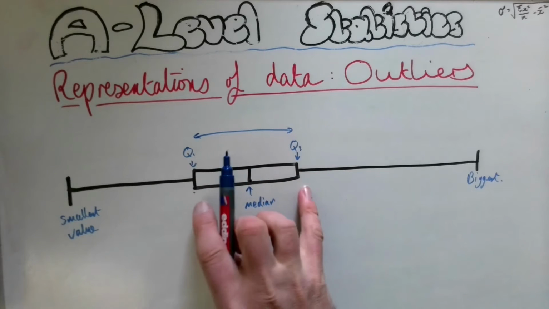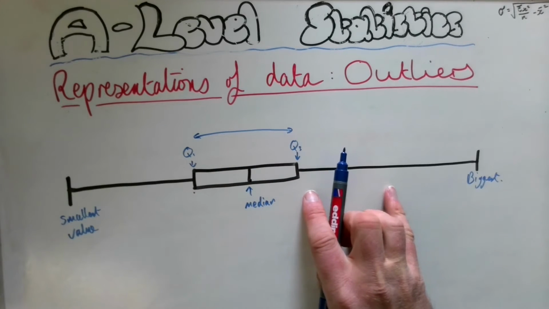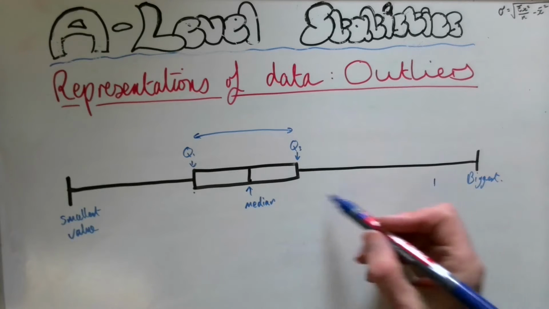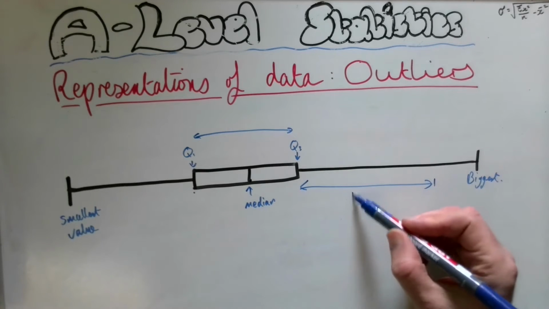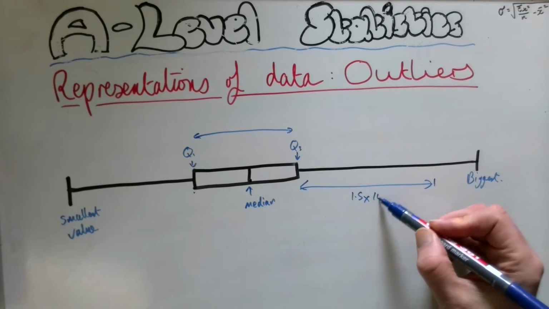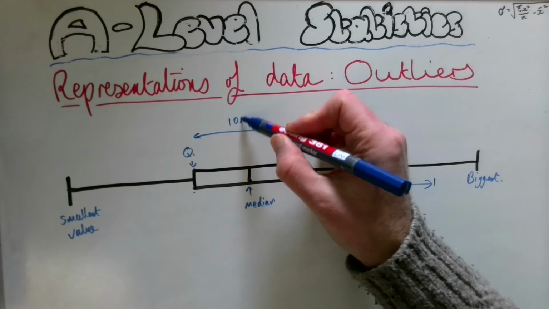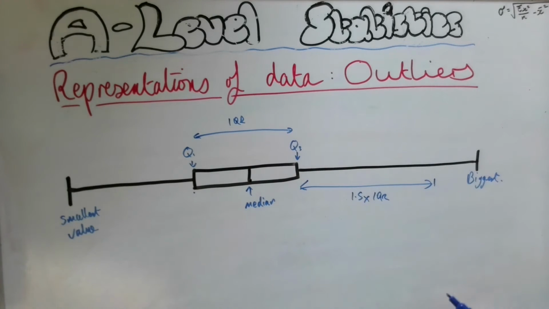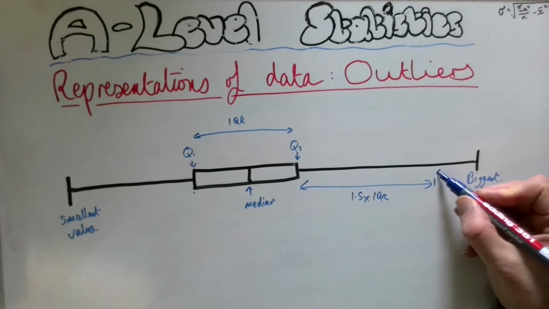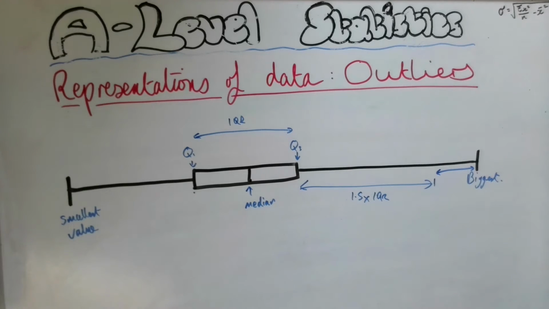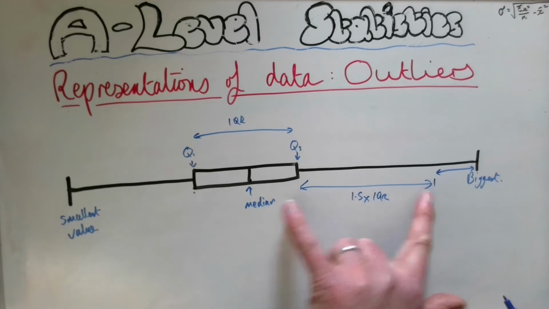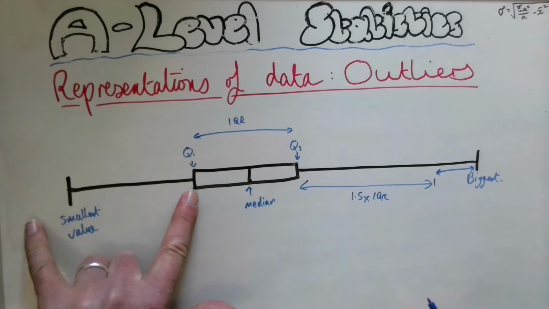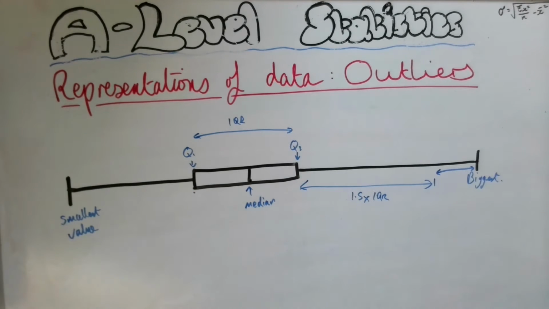So if that's that distance there, 1 plus a half would be about 1.5 times whatever the interquartile range size was. So any data points there would be considered outliers. Now if I was to go that far the other way, we have no smallest value outliers. That's the sort of thing we're thinking about.